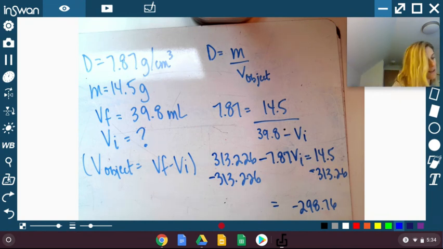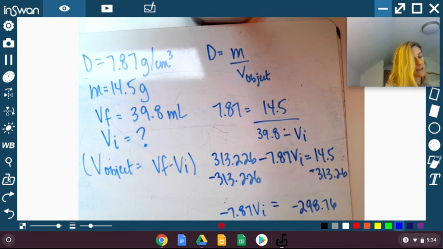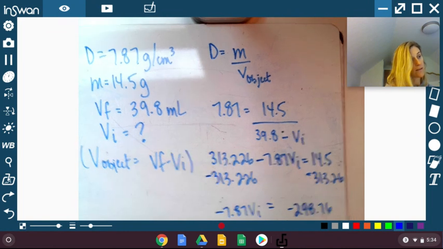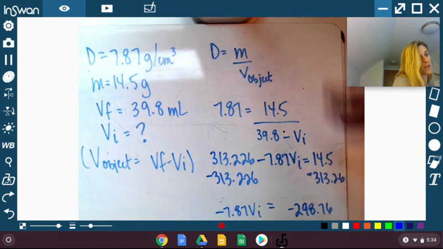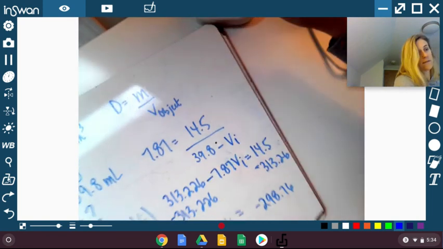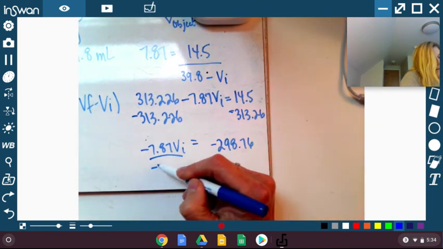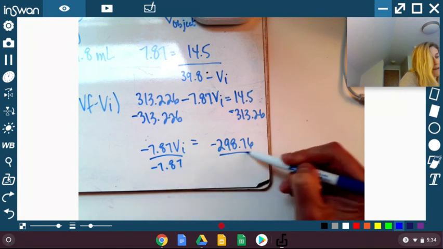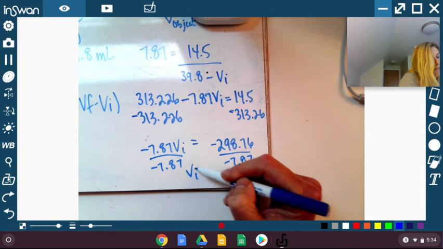And then the other side would be negative 7.87 V sub I. Now they're both negatives, but if you divide a negative by a negative, it becomes a positive. So if I divide each side by negative 7.87, this will just become a 1.